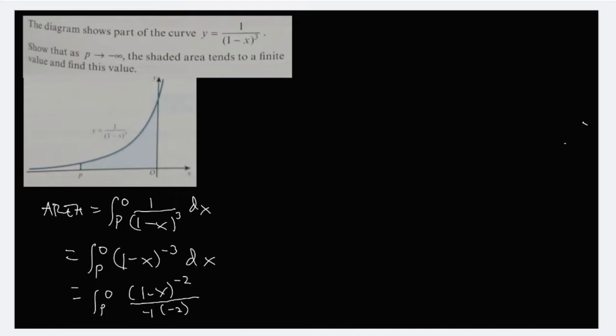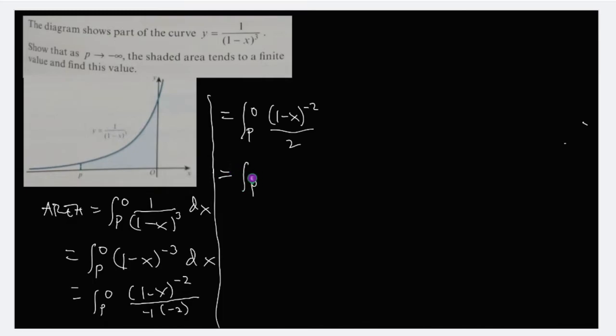Now let's start to simplify. So we will have 1 minus x raised to negative 2 all over positive 2. We can have it as 1 all over 2 times 1 minus x raised to the second power.